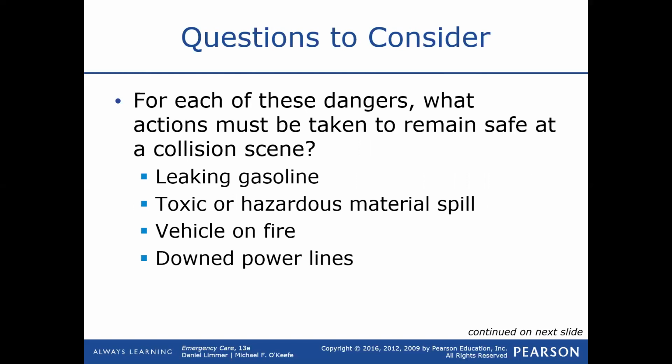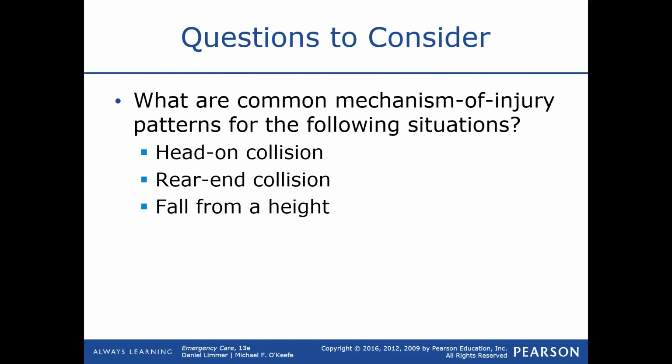Toxic or hazardous material spill. What kind of precautions? We want to get the hazmat team going, right? Stay back from the scene. Is the vehicle on fire? Are there power lines? And what are common mechanism of injury patterns for the following situations? Head-on collision versus rear-end versus fall from a height. What types of injuries do you think could be associated with each of those situations?